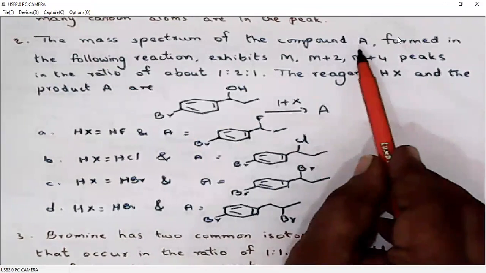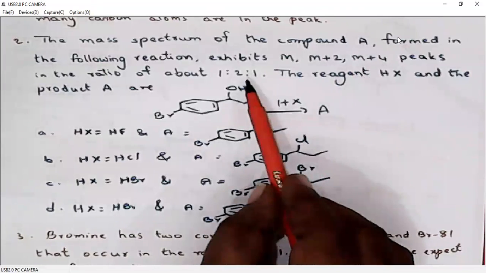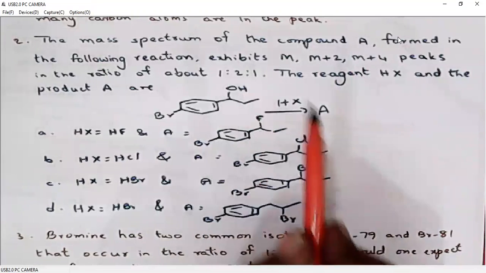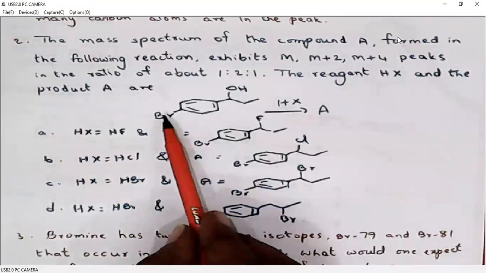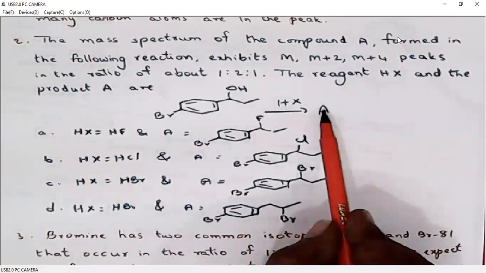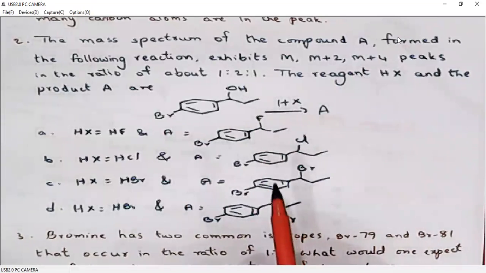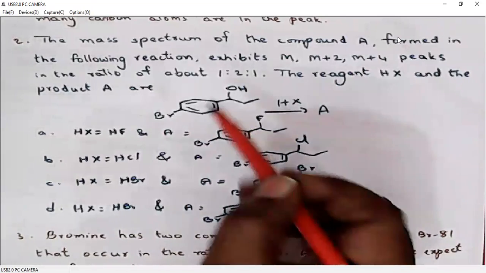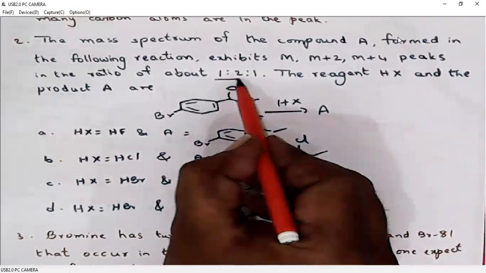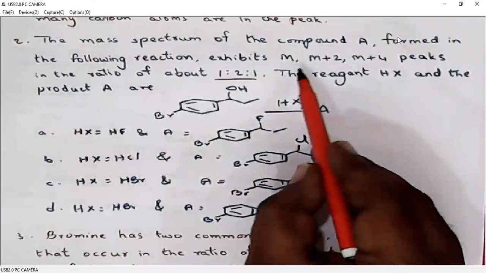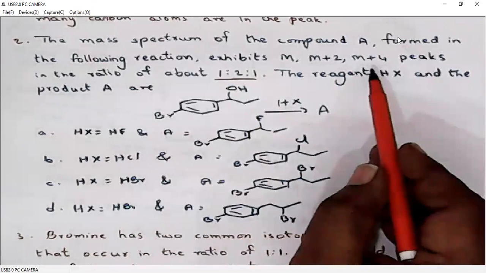So in the compound A, we will have 2 bromine atoms. One bromine was already there, so in this reaction we are adding 1 more bromine. That is why we are getting the 1:2:1 ratio of M, M plus 2, M plus 4 peaks.